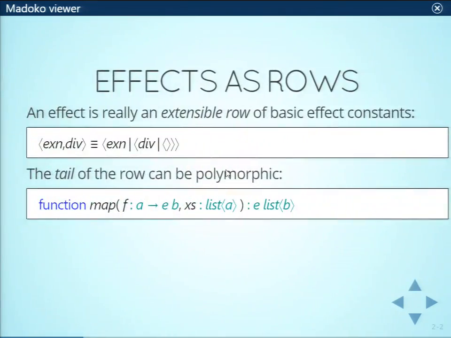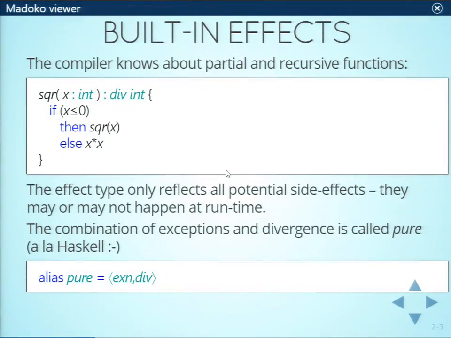Let me see actually. There's a bunch of built-in effects, but very few. The rest is all user-definable, but divergence and exceptions are built in because the compiler needs to know a little bit about that. Here you see a square function that may diverge. Actually, it probably will many times. You can also see it's really a type system.